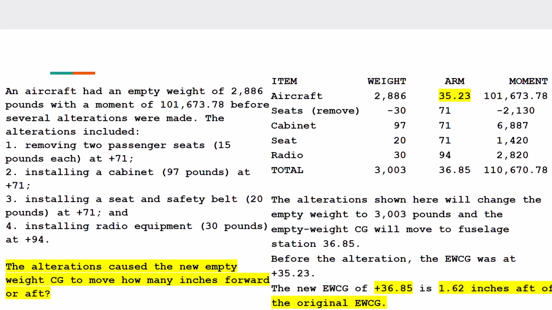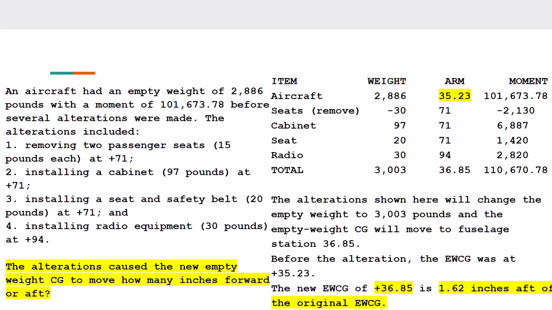So if you plug in all these modifications and alterations into the IWAM chart, as you can see on the right hand side, you will get your new CG. So what we did here, we removed the 2 seats, minus 30. Remember that a minus times a positive will give you a minus moment, a negative moment, and the rest were additions, so they're all positive moments.